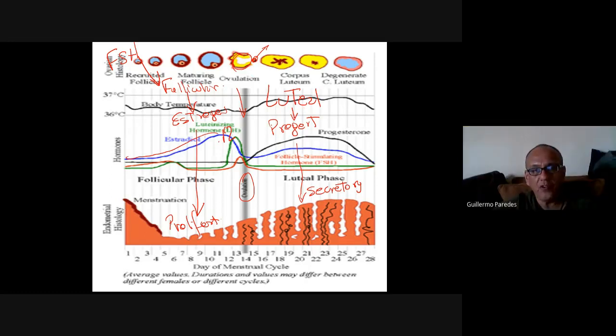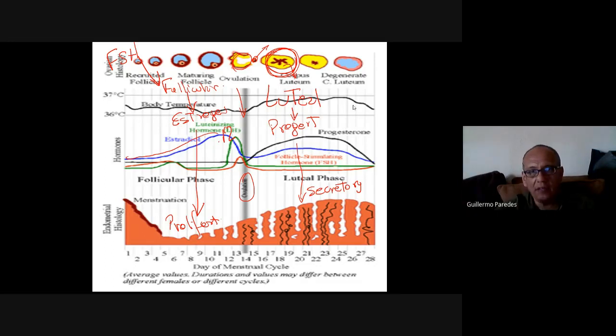Okay. This progesterone is basically maintained by the corpus luteum. Corpus luteum is the one who produces progesterone. Progesterone goes to the endometrium to produce the secretory phase. But the endometrium cannot grow forever.